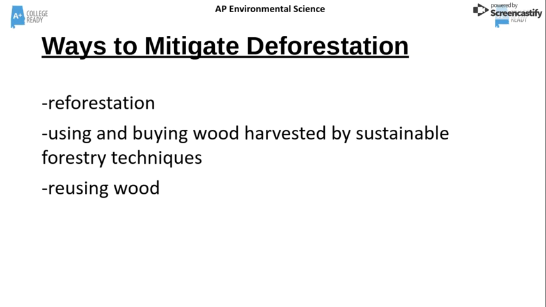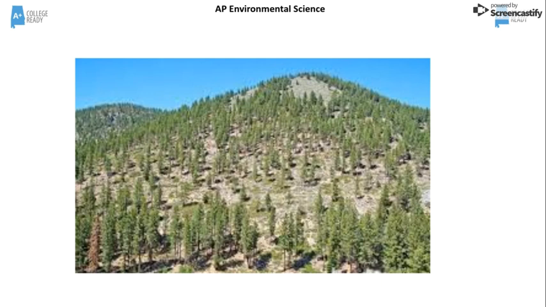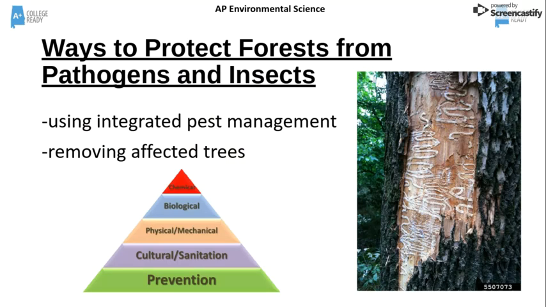Ways to mitigate deforestation include reforestation, using and buying wood harvested by sustainable forestry techniques, and reusing wood. Ways to protect forests from pathogens and insects include using integrated pest management techniques and removing affected trees.